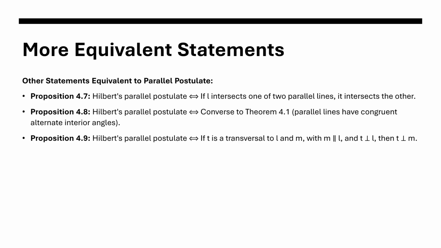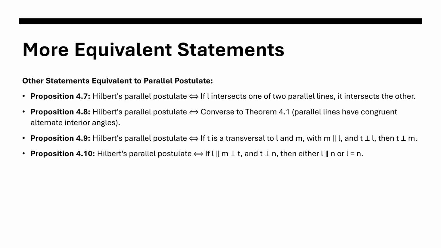Okay, so this is the perpendicular transversal. So if a transversal is perpendicular to one of two parallel lines, it's perpendicular to the other. Okay, so this is obviously true in Euclidean geometry, but not provable without the parallel postulate.